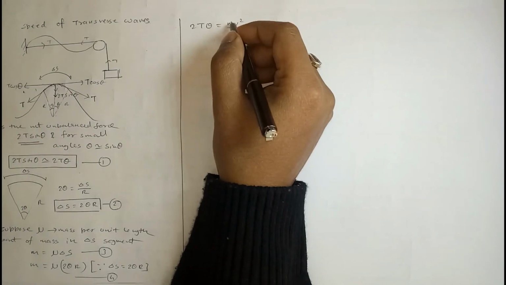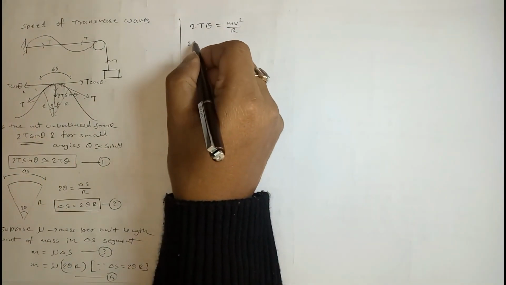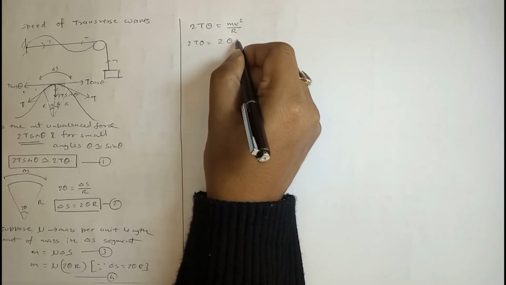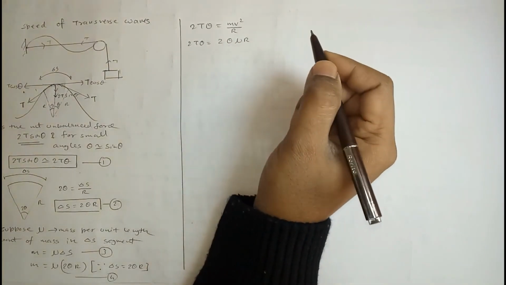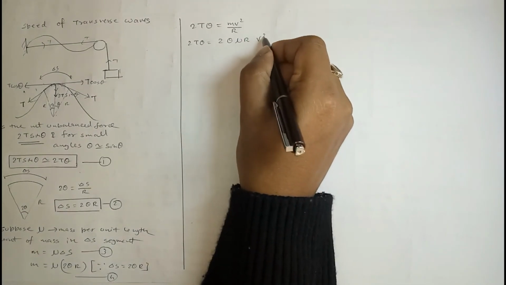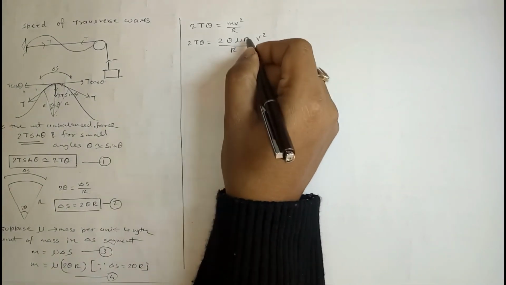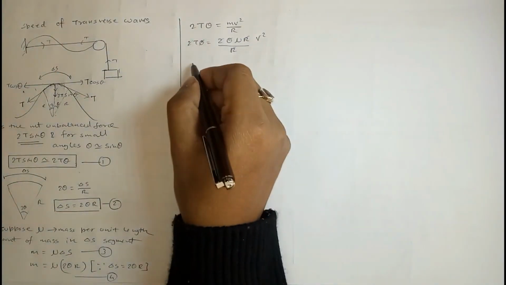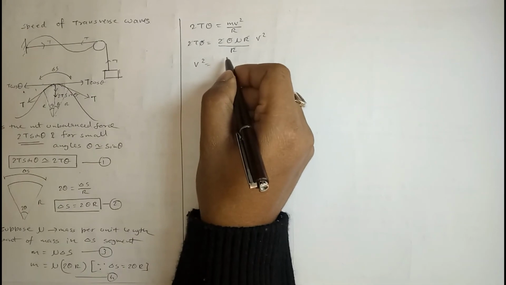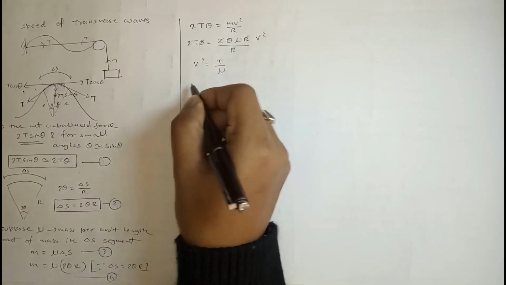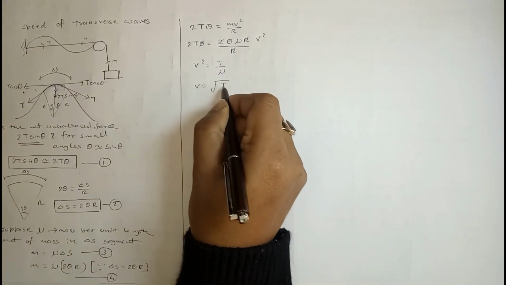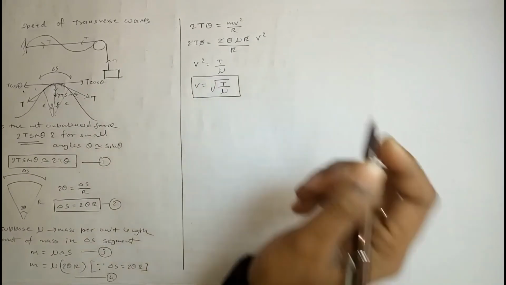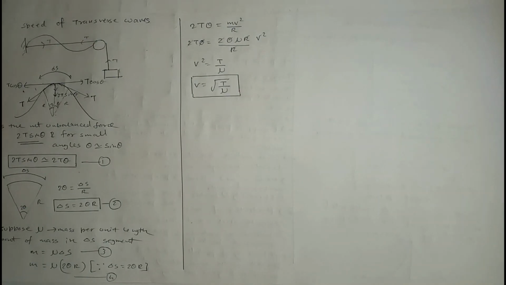Here we put the value of m, that is mu 2 theta r, times v squared upon r. Here we cancel r, 2 theta is also cancelled, so we have v squared is equal to T upon mu, because mu is in multiplication. When it comes to the other side, it comes in division. So by taking roots we get v is equal to under root T upon mu.